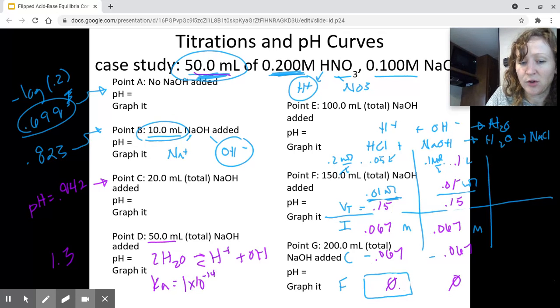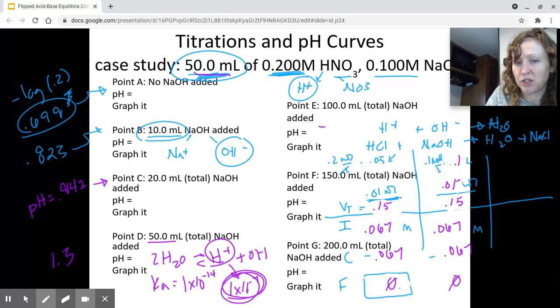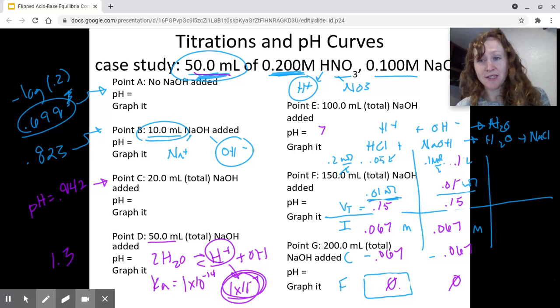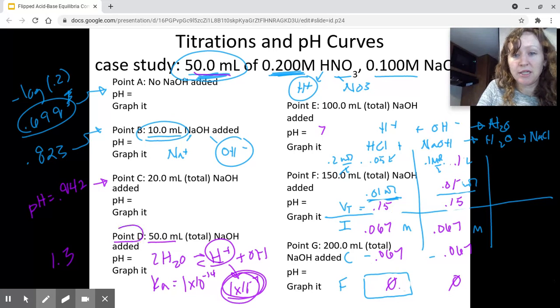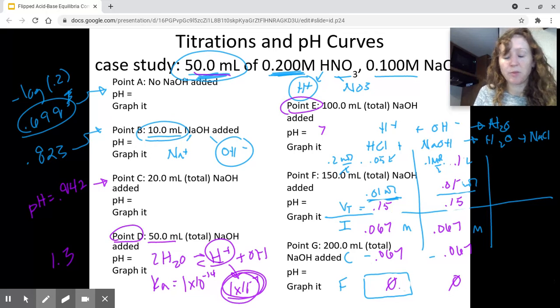I know the hydrogen concentration at 25 degrees Celsius. I can plug that in for my pH, and my pH is going to come out to be a pH of 7. Okay, huge jump between point D and point E, from a pH of 1.3 to a pH of 7. Let's see what happens next.